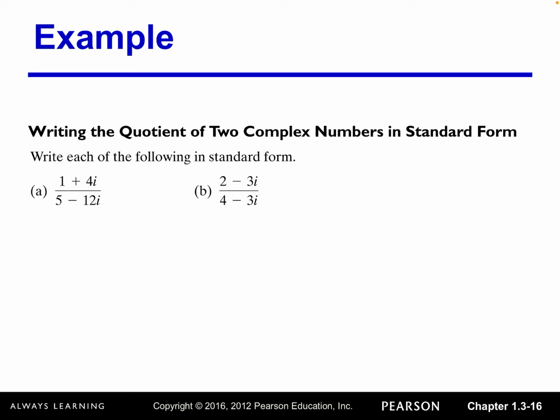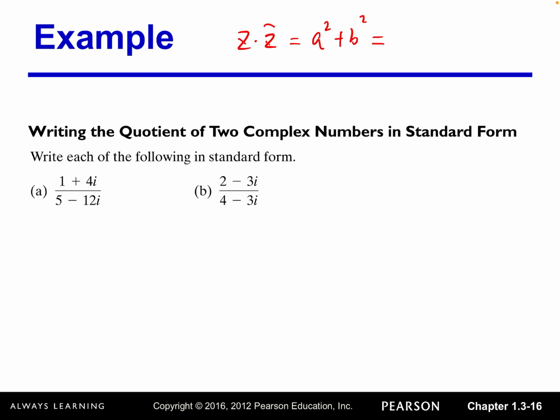So complex number division is just rewriting, getting rid of the imaginary unit from the denominator. We know this principle: when two conjugates multiply, we get a real number, a squared plus b squared. A is a real number, b is a real number. Two real numbers squared are still real, and the sum of two real numbers is still real.